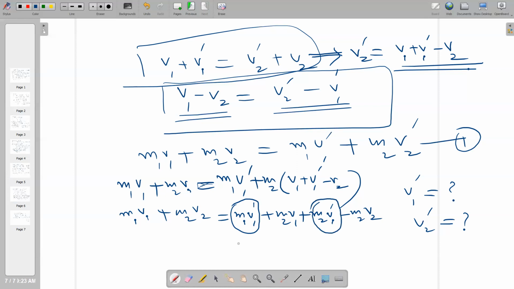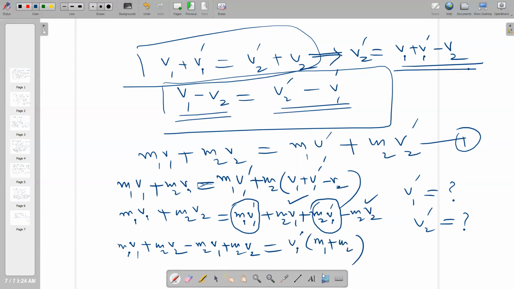I need this one. So I will take the other terms to this side. This will become m2 v1 plus m2 v2 on this side, and from this and this, I will take v1 dash common with m1 plus m2. Now I just rearrange this one.